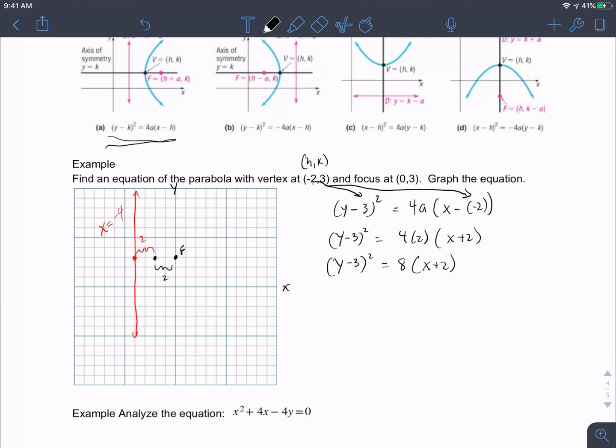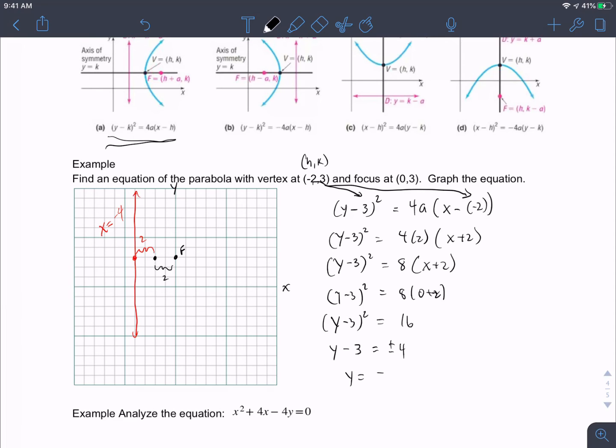So if we're going to use the point of the focus for x of 0, don't we get (y - 3)^2 equal to 8(0 + 2)? So (y - 3)^2 is equal to 16. So y - 3 is going to be equal to plus or minus 4.